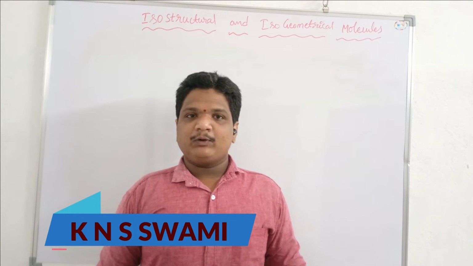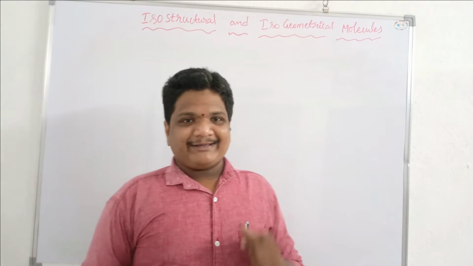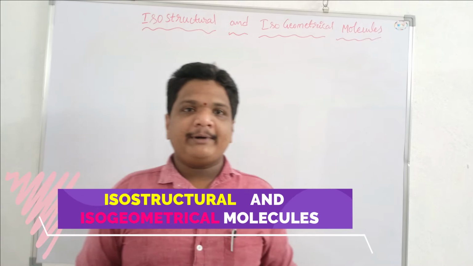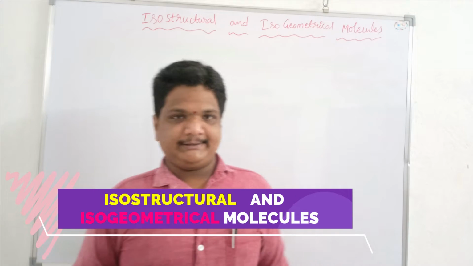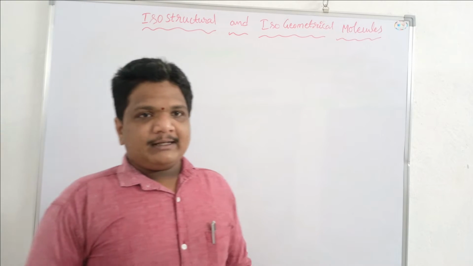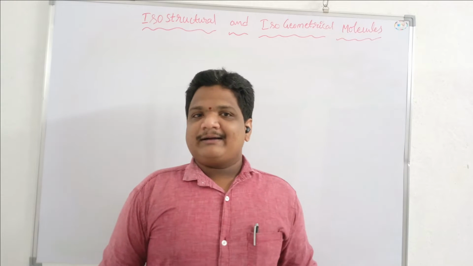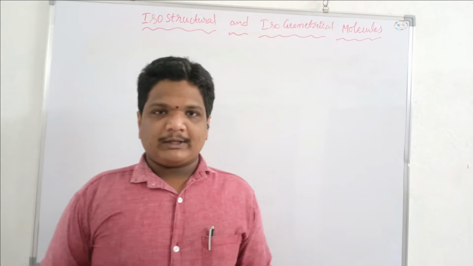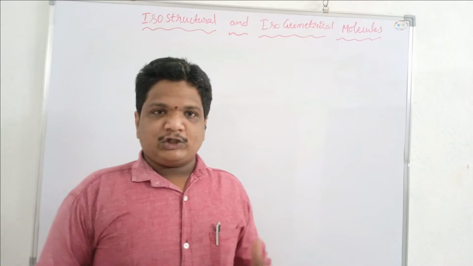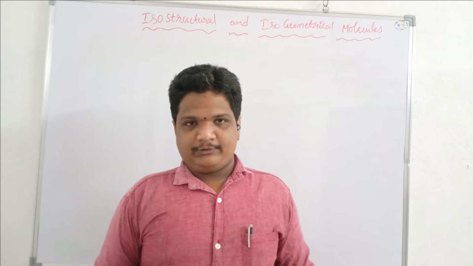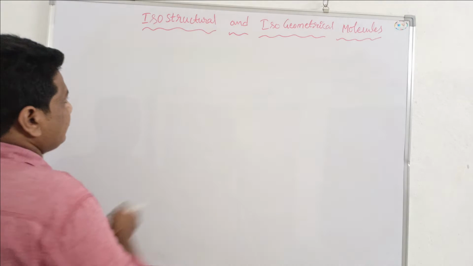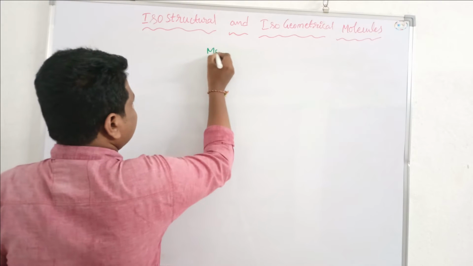In this video, I am going to discuss isostructural and isogeometric molecules or species. Generally, molecules are divided into two types based on the geometry and shape of the molecules.